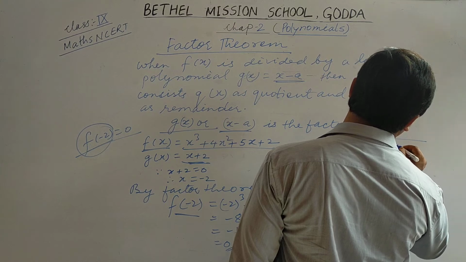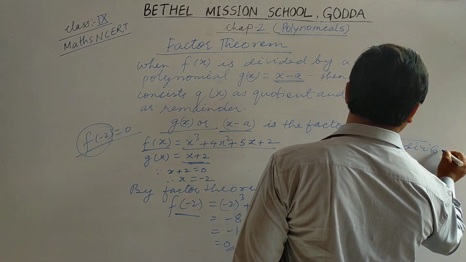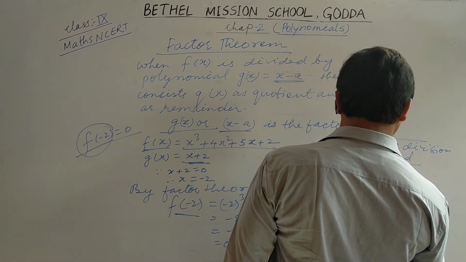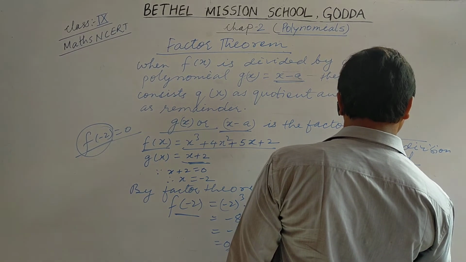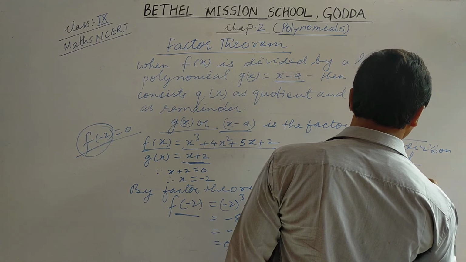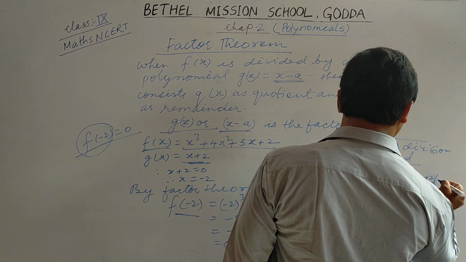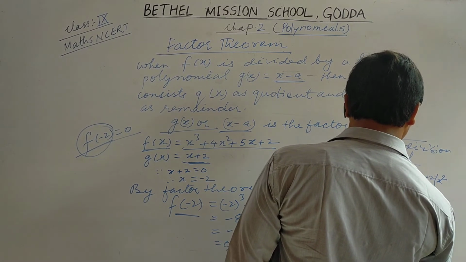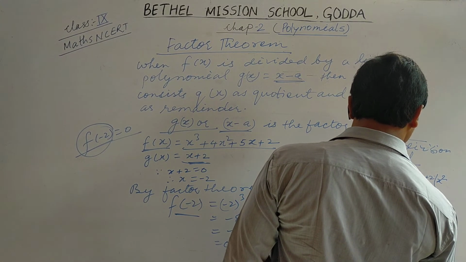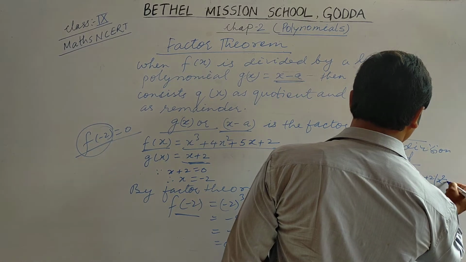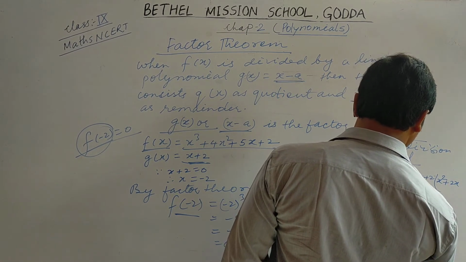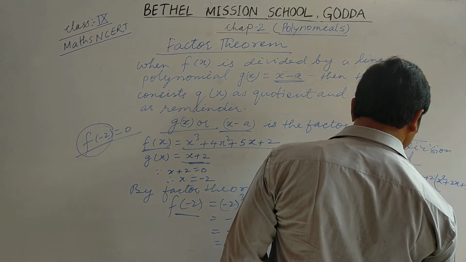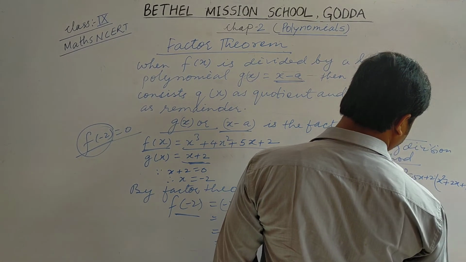By the long division method you can see x + 2 dividing x³ + 4x² + 5x + 2: x² times x + 2 gives x³ + 2x², leaving 2x² + 5x + 2, then 2x gives 2x² + 4x, leaving x + 2, then 1 times x + 2.